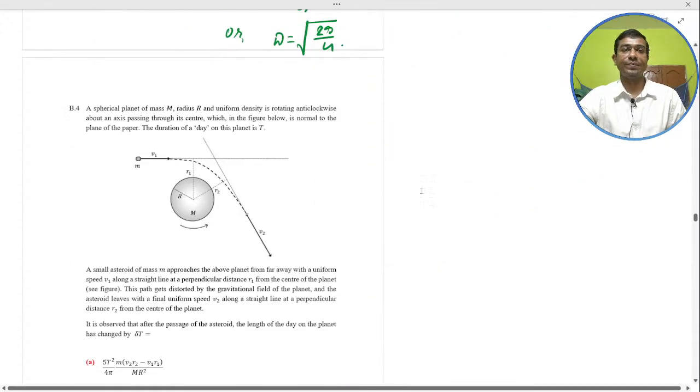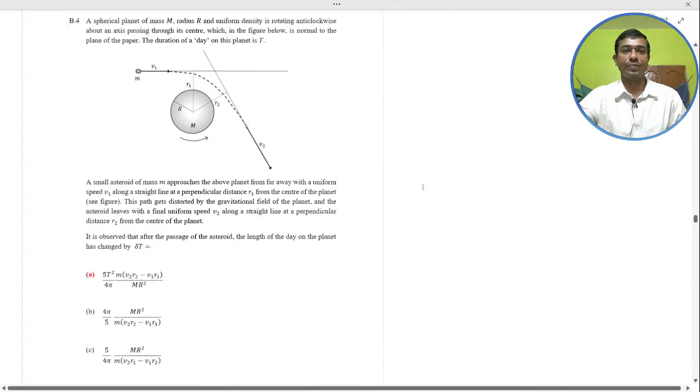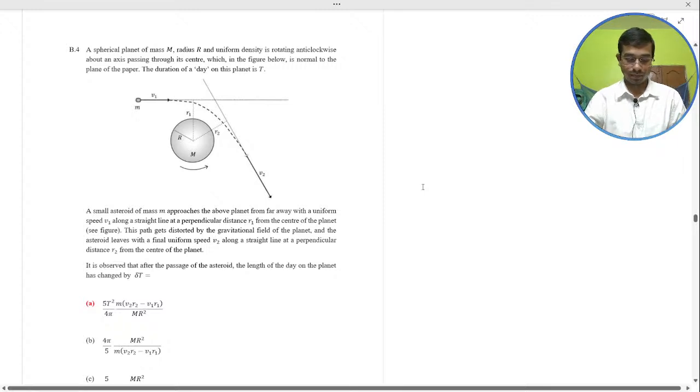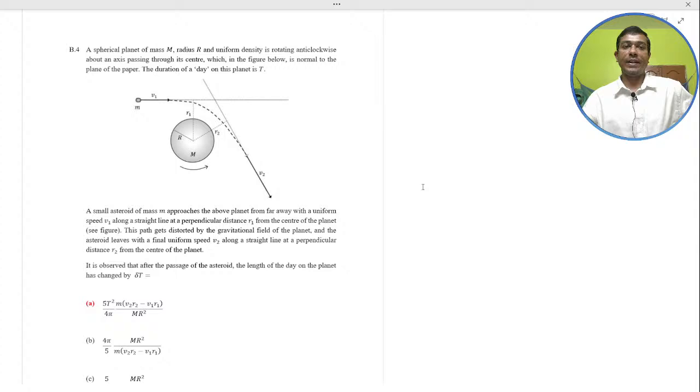Next, question number 4. A spherical planet of mass m, radius r, and uniform density is rotating anti-clockwise about an axis passing through its center, which in the figure below is normal to the plane of the paper.